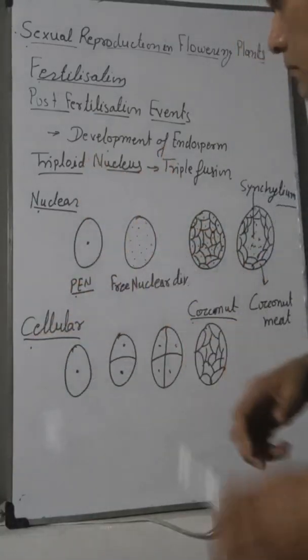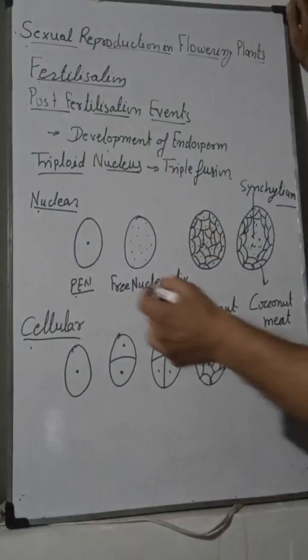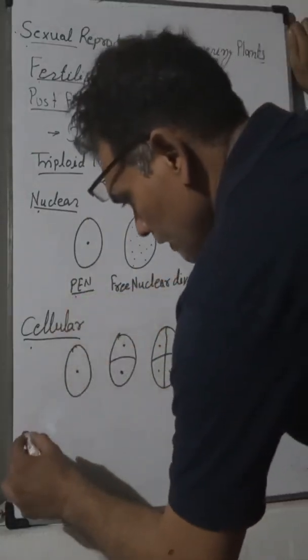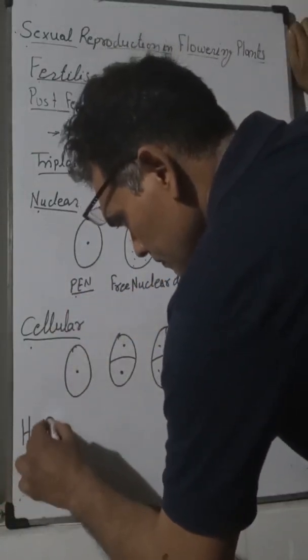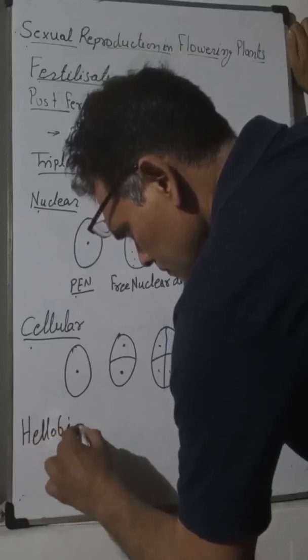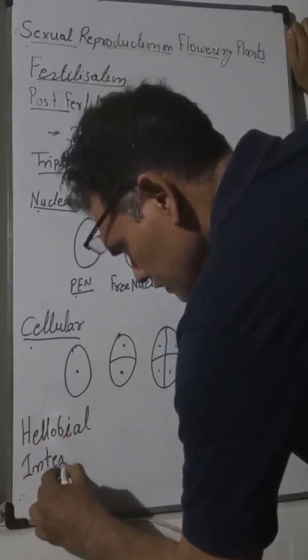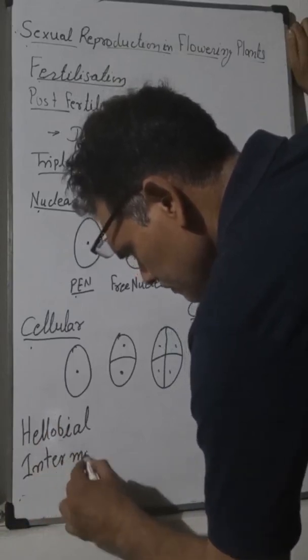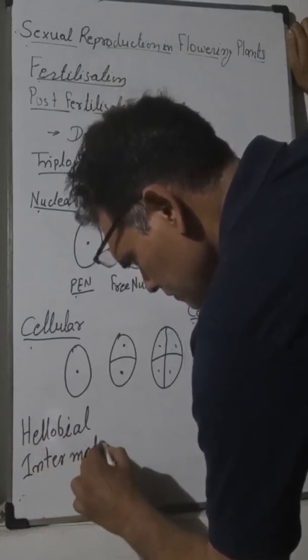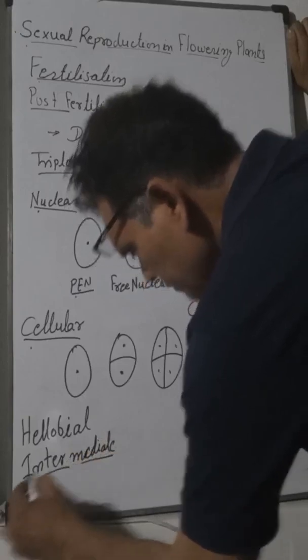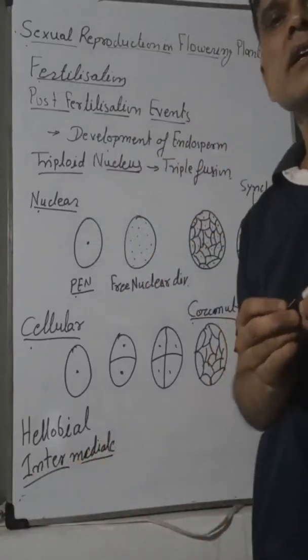Another type of endosperm is helobial, and it is known as intermediate.